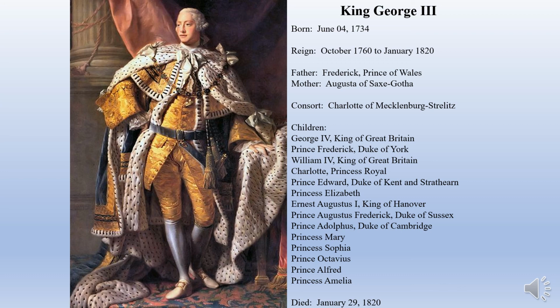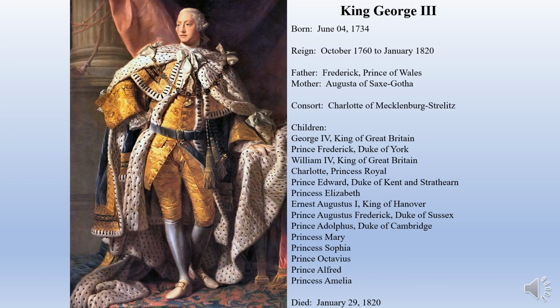I could go on and talk about all the kings and queens of England and how interesting they are, but this is the last one that we need to talk about because this is the king during the American Revolution. This is that tyrant of England that will force himself, Great Britain that will force himself on the Americans. When we talk about the American Revolution, though, I'm going to dispel some of those myths.